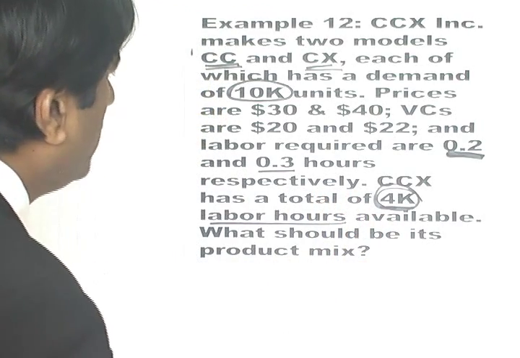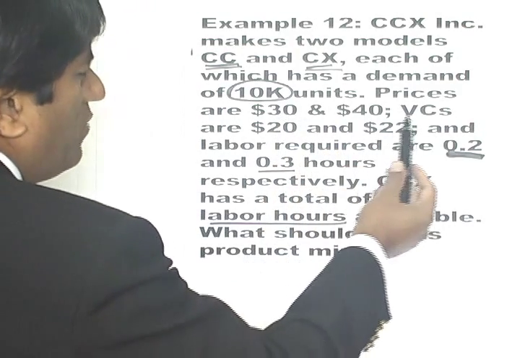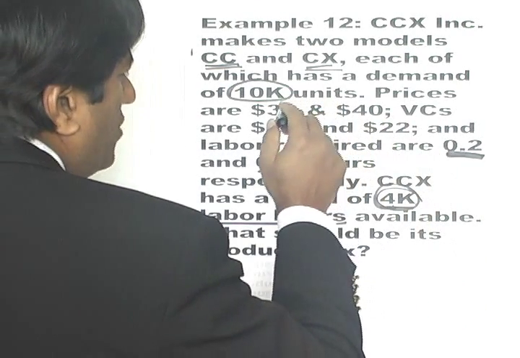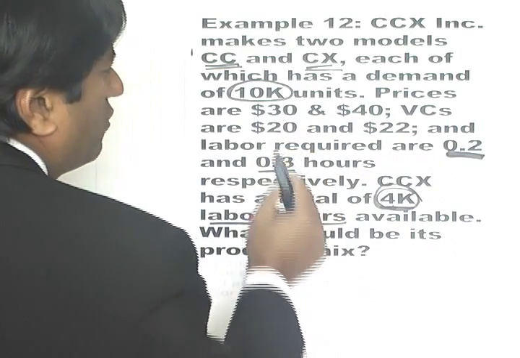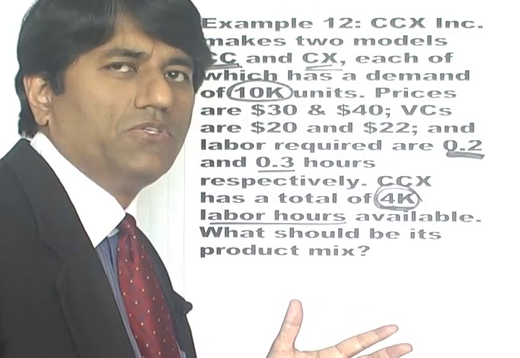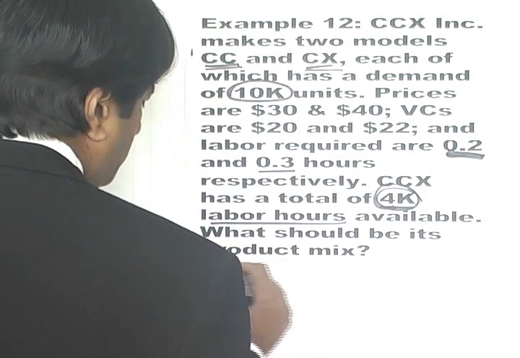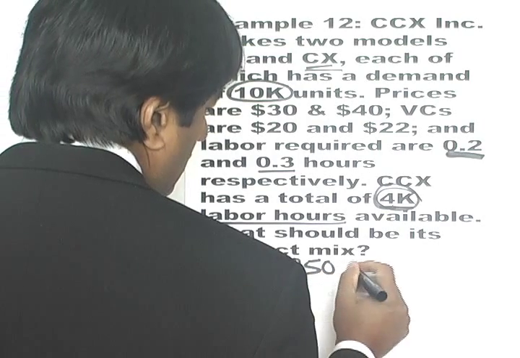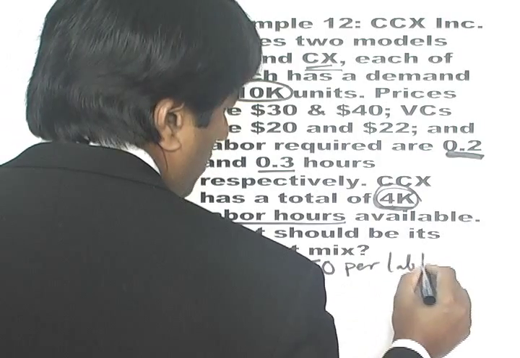So if each produces 5 units, then what is the profit which is produced by spending 1 labor hour on producing the first unit? Well, it will be the profit per unit for the first unit, which is 10, and 5 units are produced, so it will be 50. So CC produces a profit of $50 per labor hour.